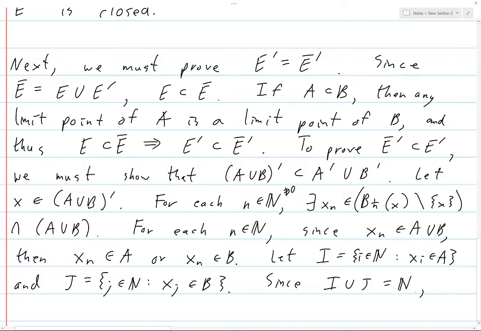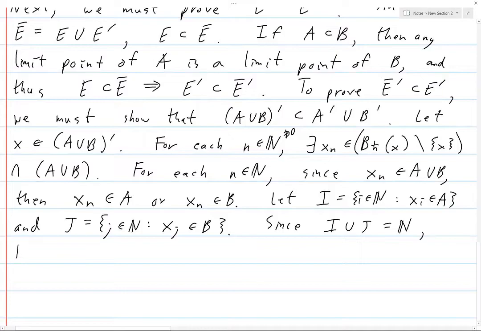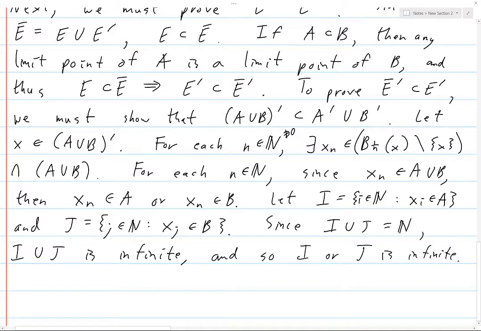Okay, and since these two sets are equal, and since the natural numbers are infinite, I union J is infinite, which means that I or J is infinite. If these were both finite, then their union would be finite, and thus it could not equal all of the natural numbers. Therefore, either I or J is infinite, possibly both.